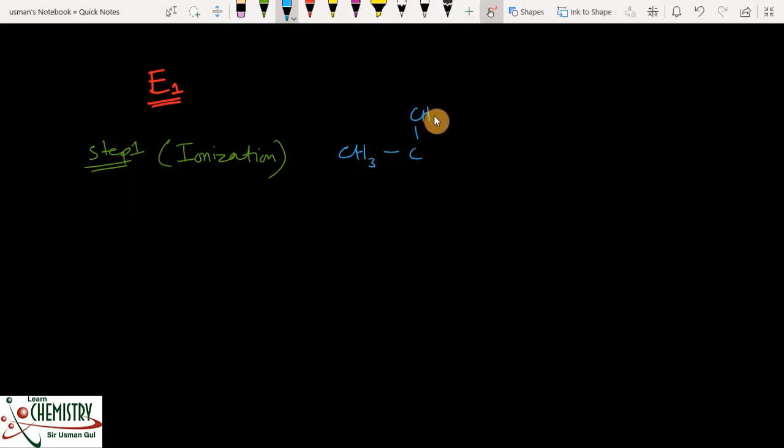I am using a real example here. Let's suppose 2,2-dimethyl chloroethane is the alkyl halide. First I will ionize this and convert it into a 3rd degree carbocation, along with the chloride ion.